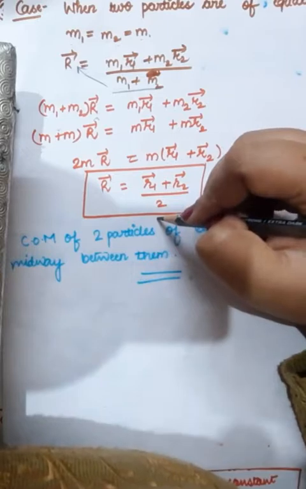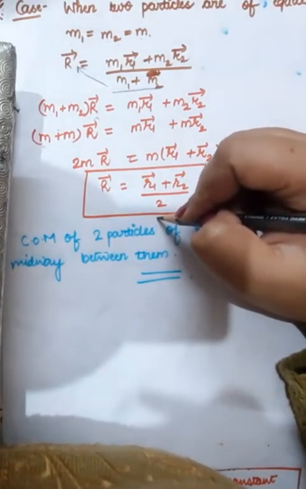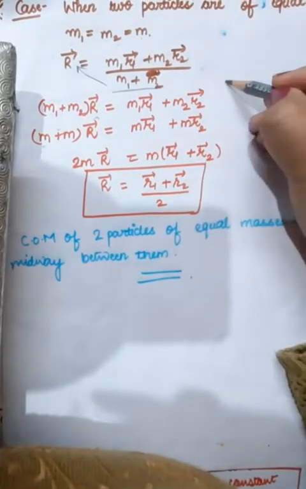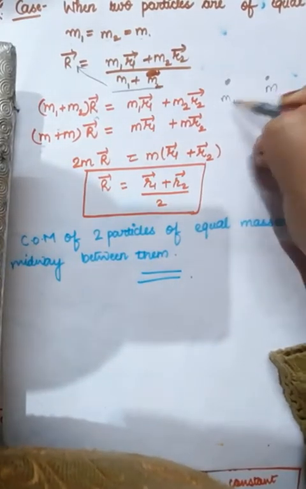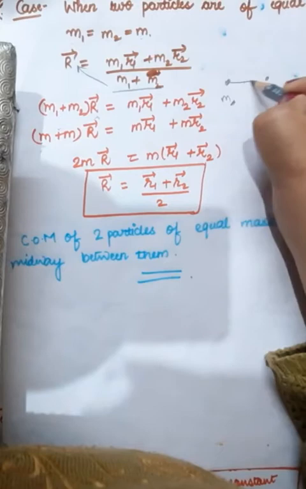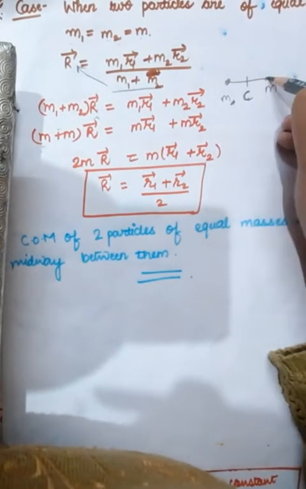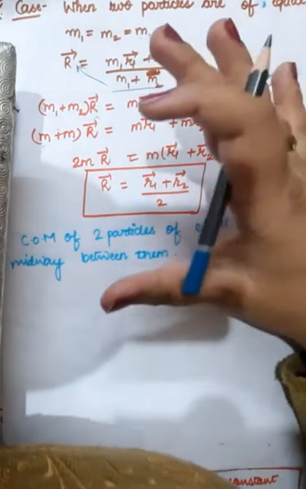Don't you think this resembles the coordinate geometry midpoint formula? Basically, this is the situation that when two particles are of equal masses, like m and m, then their center of mass lies exactly at the center of the line joining those two particles. So this is what we have proven.